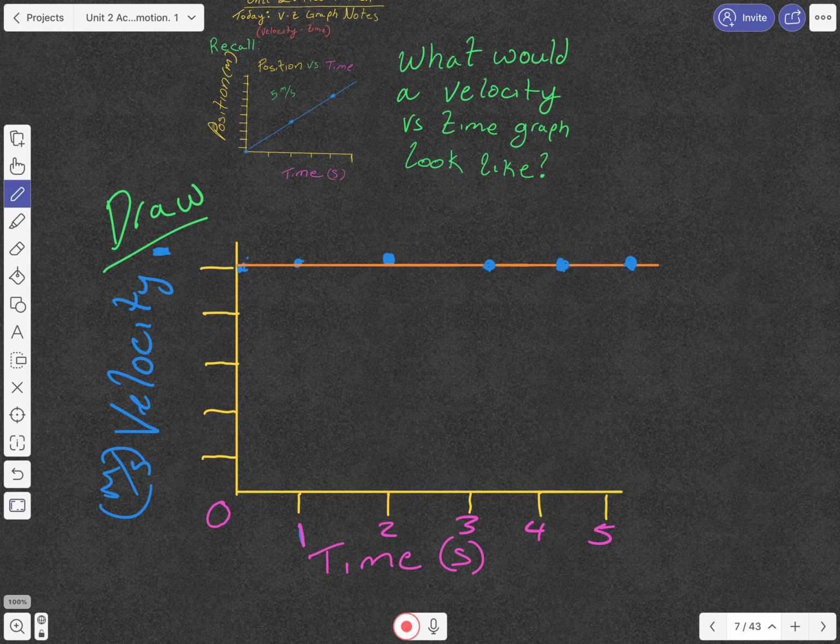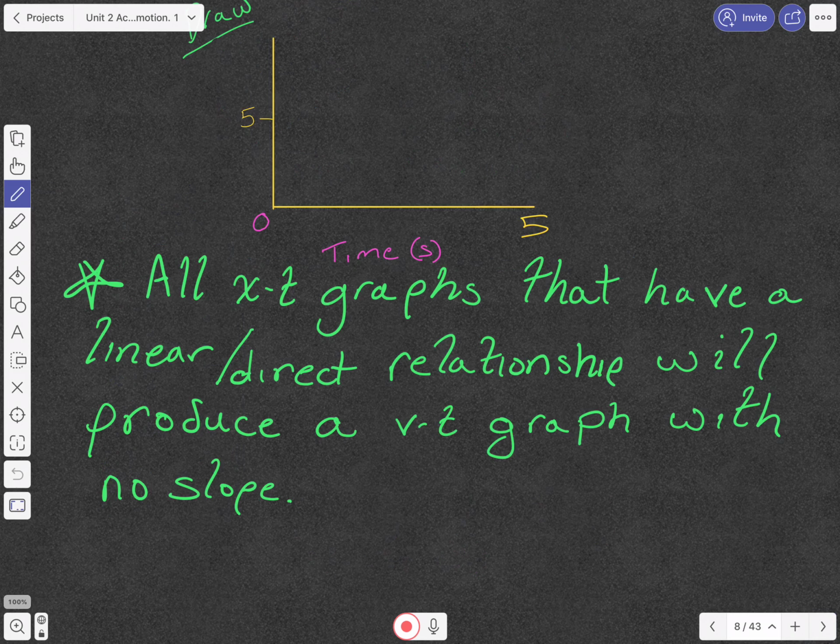So that being said, we know that all position time graphs that have a linear or direct relationship will produce a velocity time graph with no slope or zero slope.